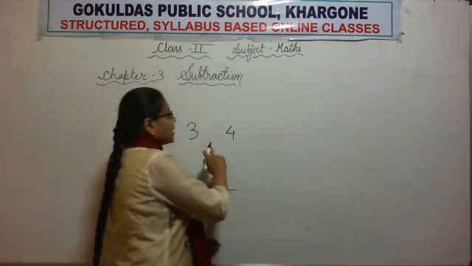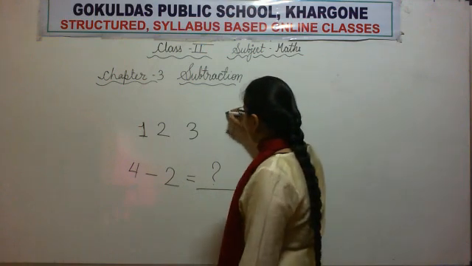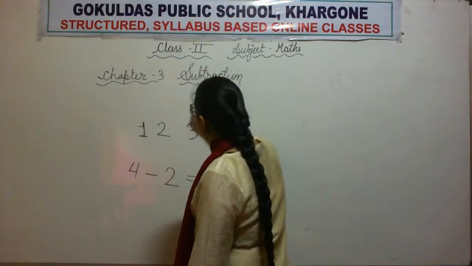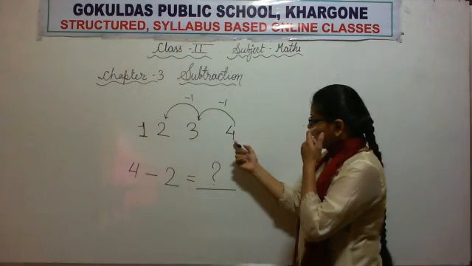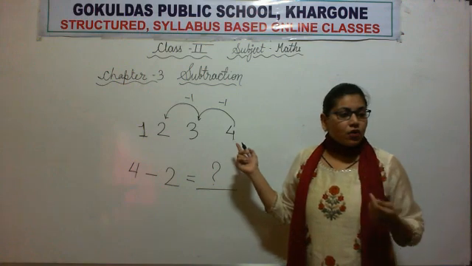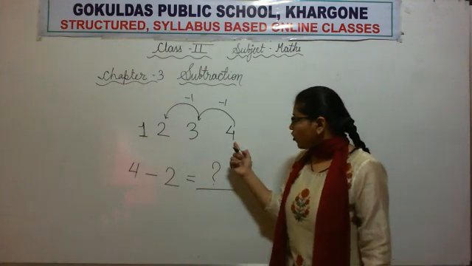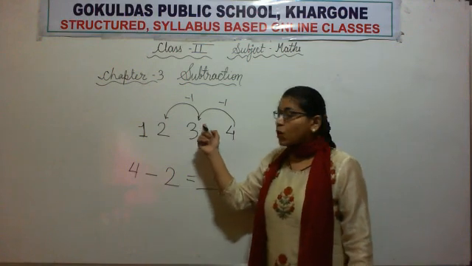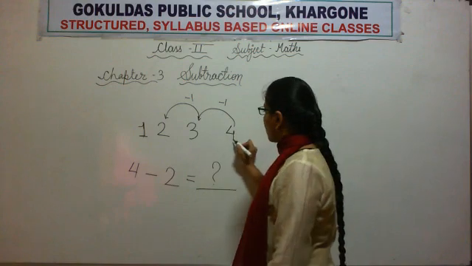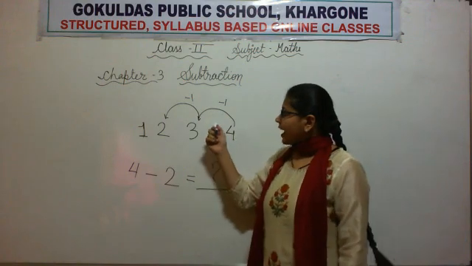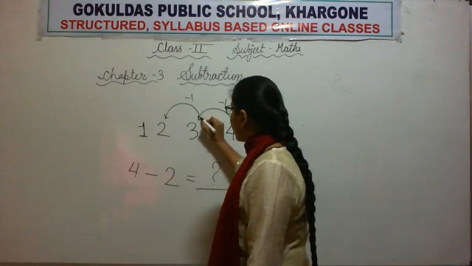Initially I was having 4 books. She took 1 book and then another book from me. When she took 1 book from me, it means now I have 3 books. Then she took 1 more book from me.